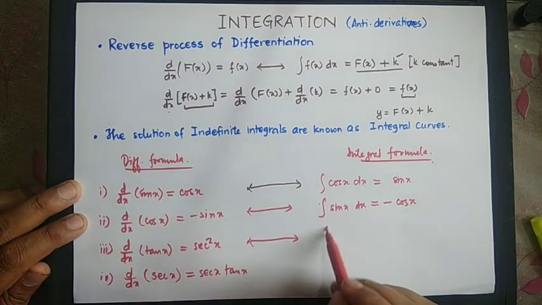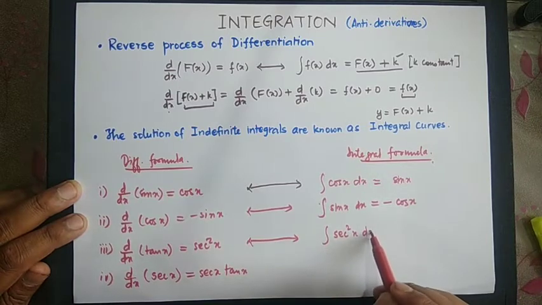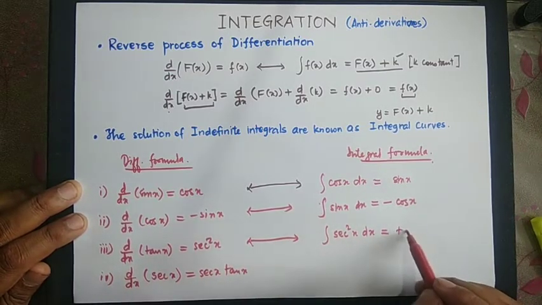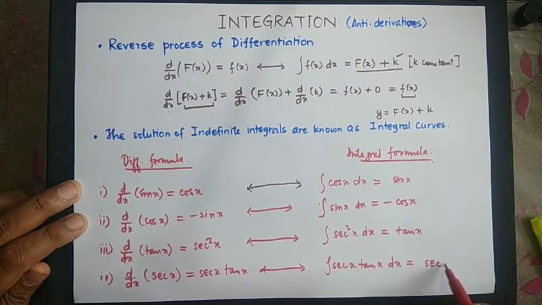Similarly, integration of sec squared x with respect to x is going to be tan x. And the integration of sec x tan x is going to be just sec x.